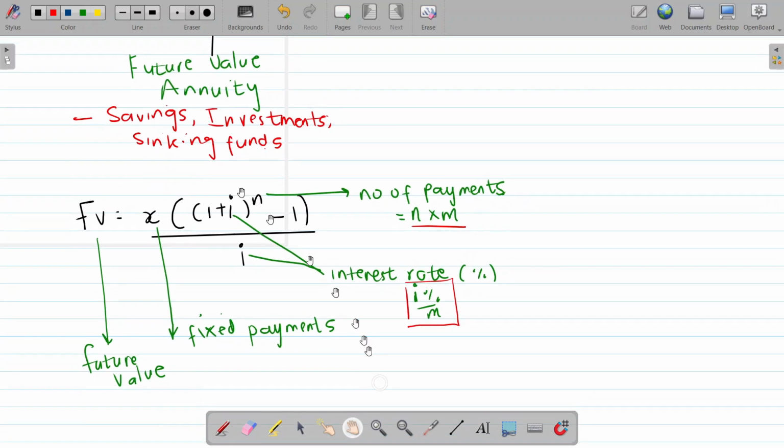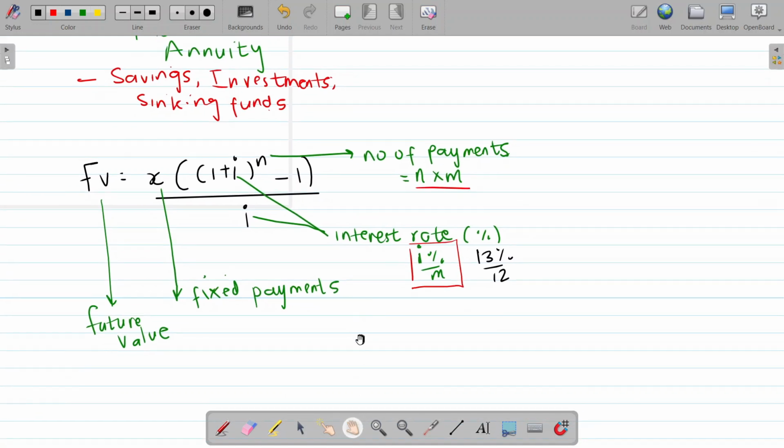If it's given to you as 13%, and they say that it's compounded monthly, you're going to divide it by 12. So it's going to be 13% over 12. That is your I. So this is your future value formula, when you're just investing your amount for a particular time.